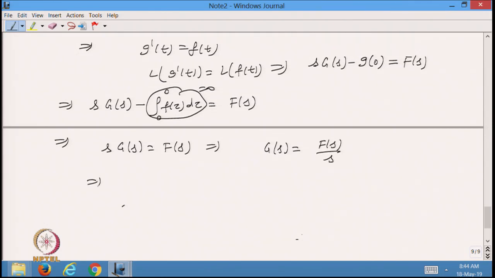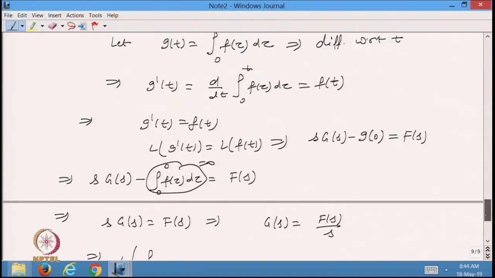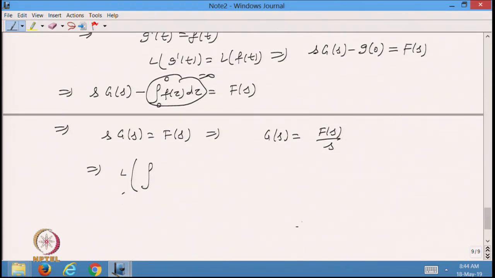So, what is my G of s? It is the Laplace transformation of g, where my g is the integration from 0 to t of f of tau d tau. I already know the function f t, so I know the Laplace of f t, that is F of s.